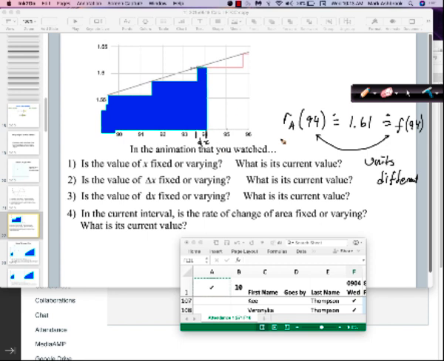Yeah, because we get the number of the rate of change from the function, so the units on the function will be whatever this function is. So if this is miles, then function values will be in miles. But the rate of change is not in miles.